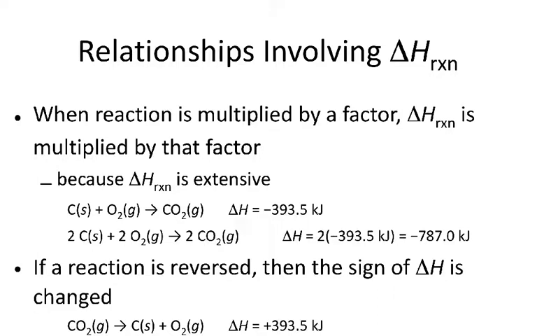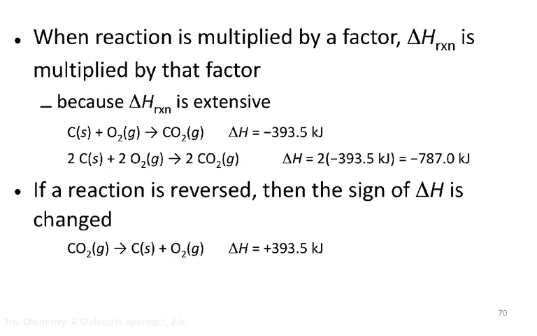Let's talk a little bit more about delta H and the relationships between delta H and the reaction as given. Remember, by convention, delta H is given for the reaction as written. So if you have to multiply a reaction by a factor, you also multiply delta H by that factor.